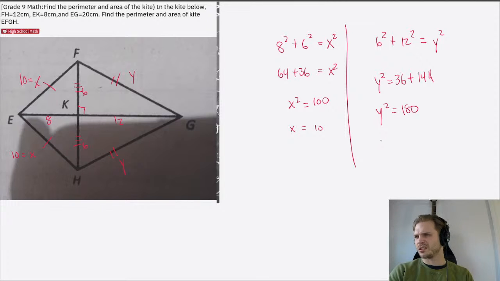And so that's going to be Y equals, this is 9 times 2 times 10, which is 3 squared times 4 squared times 5. Okay.